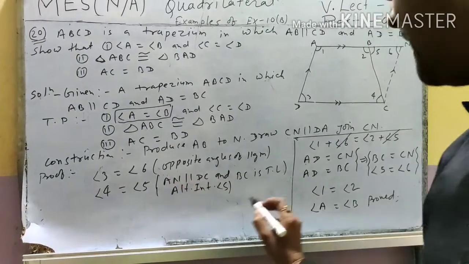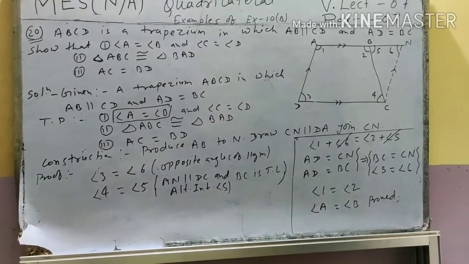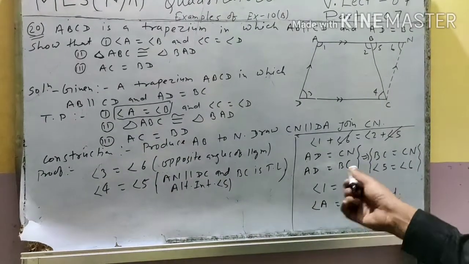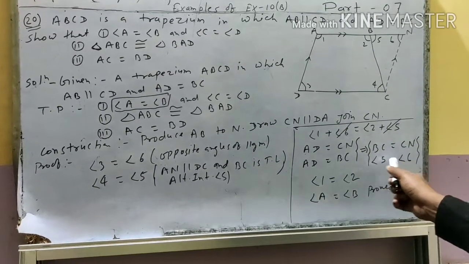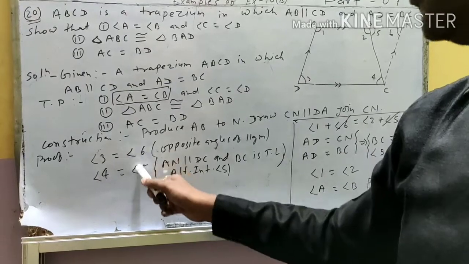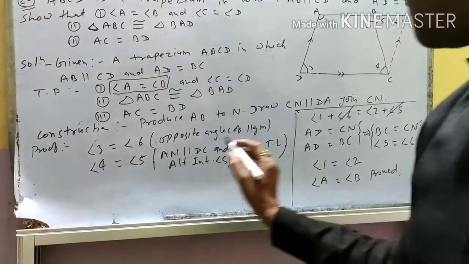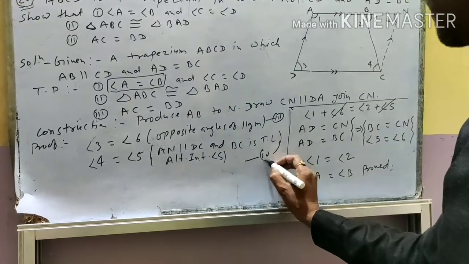So by alternate interior angles we can write here angle 4 is equal to angle 5. Previously, angle 5 is equal to angle 6 already proved here. So angle 5 and angle 6 are equal. Suppose this is equation 3rd and this is equation 4th.